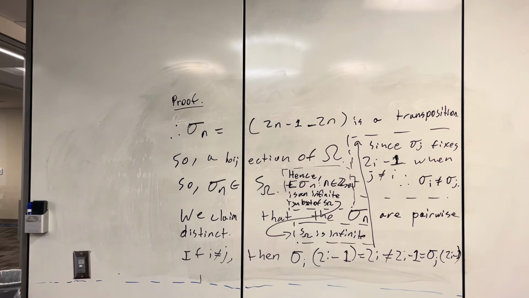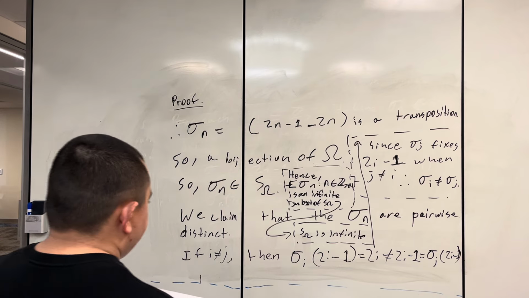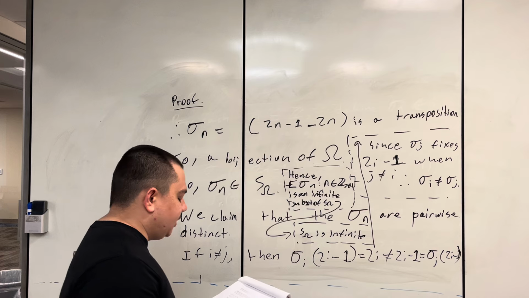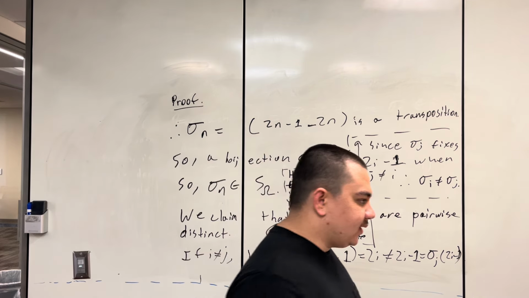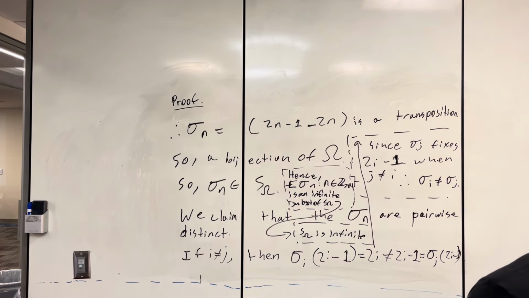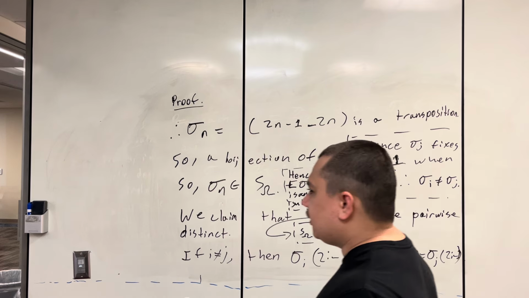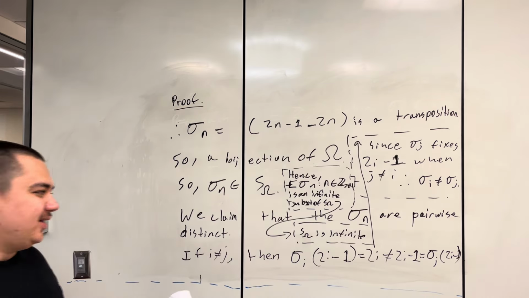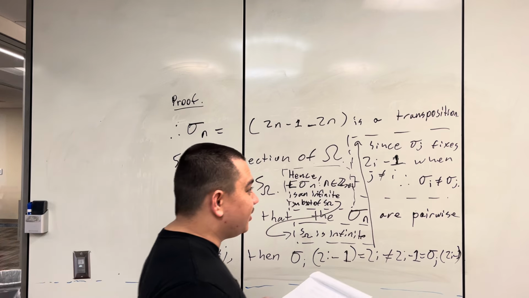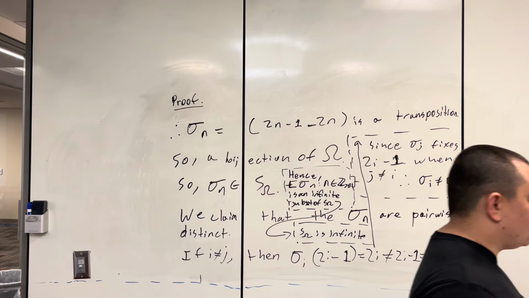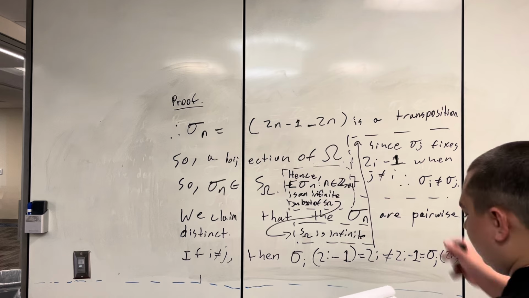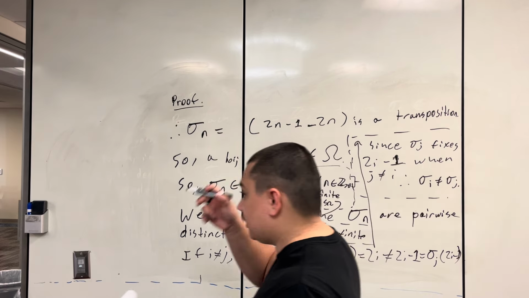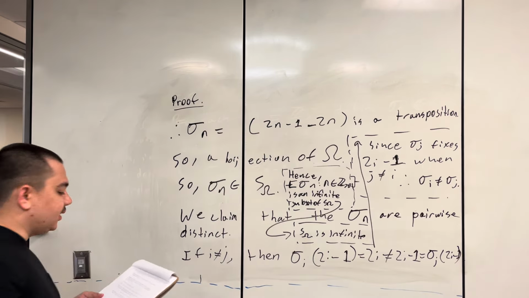There's no repetitions, these are pairwise distinct. Each of these transpositions makes up an infinite subset. And if within a set you have an infinite subset, the set itself is infinite. In this case, the symmetric group S sub omega is an infinite group, right?